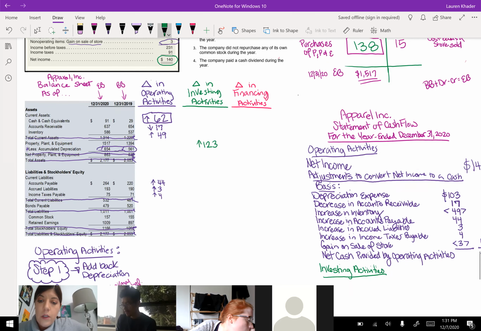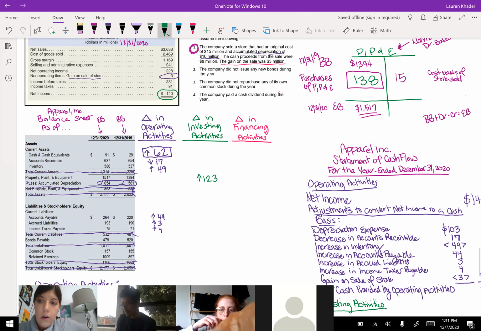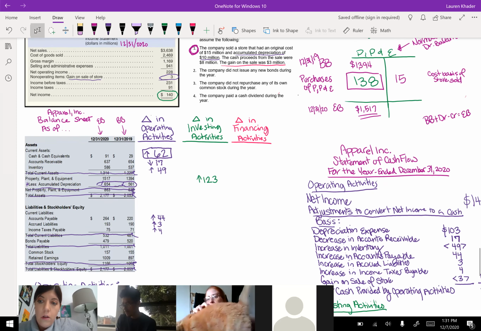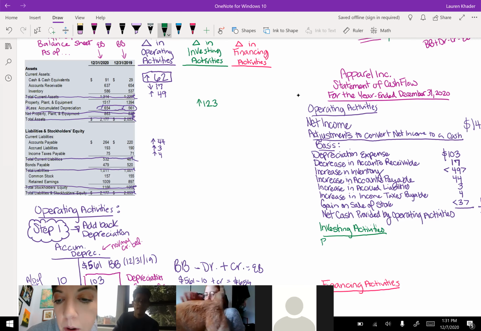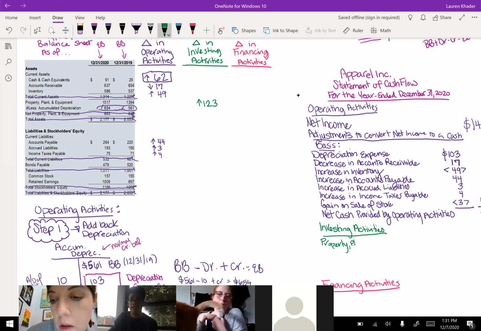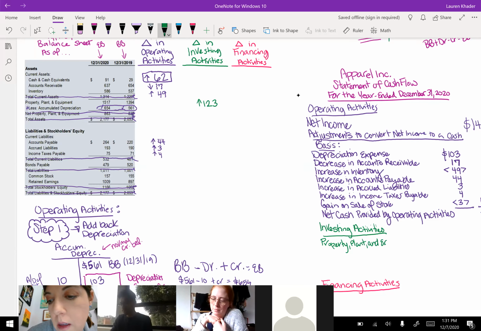So I'm going to go down to my statement of cash flow again. Property, plant, and equipment additions.